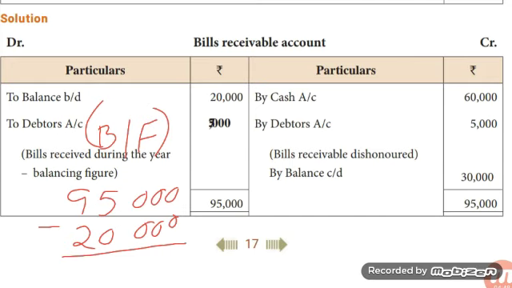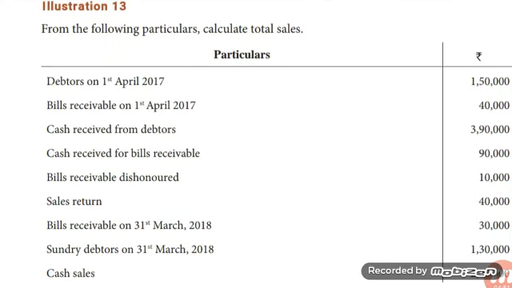Okay children. Next question. From the following particulars, calculate total sales. Debtors on 1st April 2017, 1,50,000.